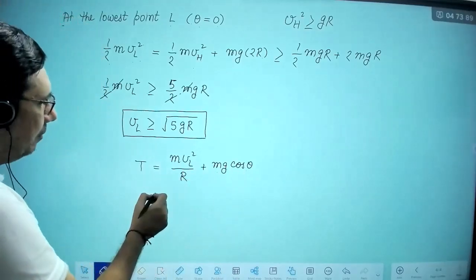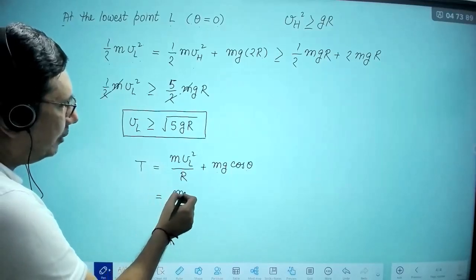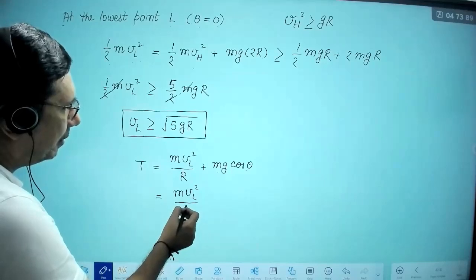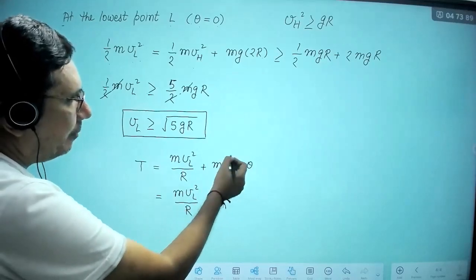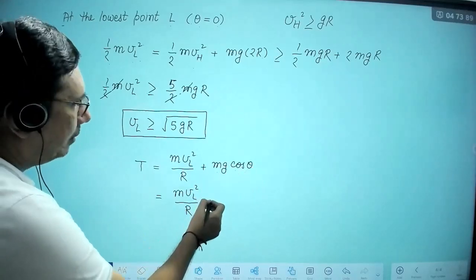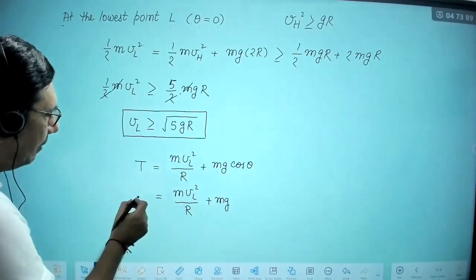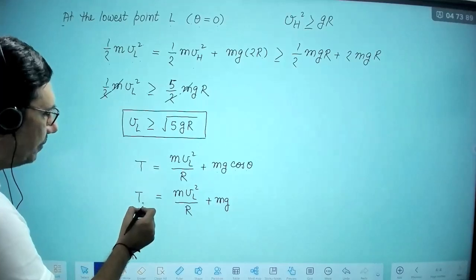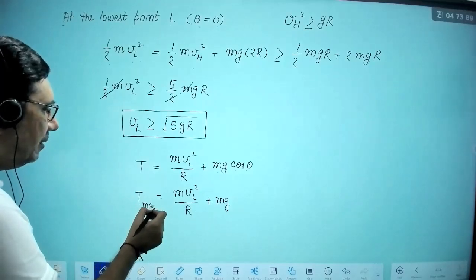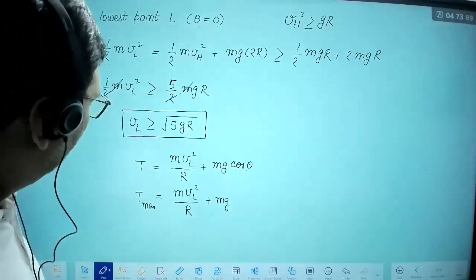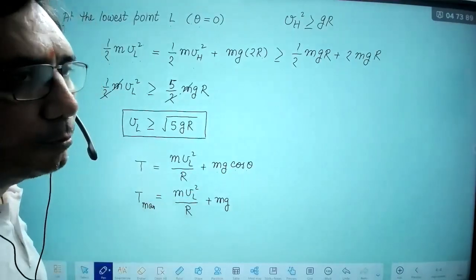So this will be m vL square upon R plus mg, and the maximum value of cos theta is 1. So basically at the lowest point, this will be Tmax, because here the maximum value of cos theta is +1. So Tmax will be at the lowest point.